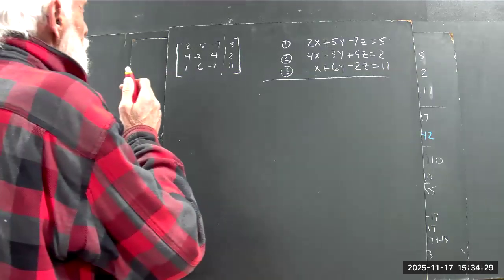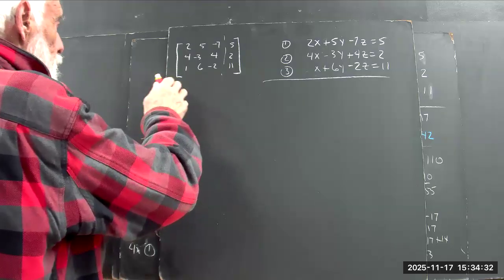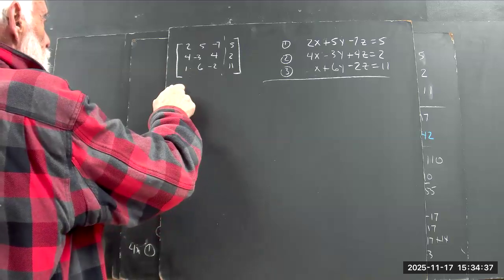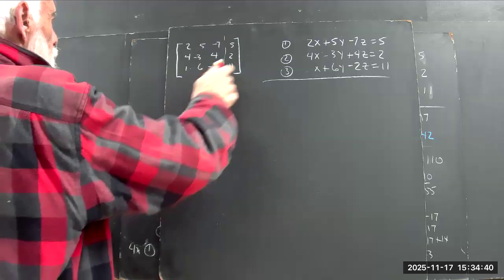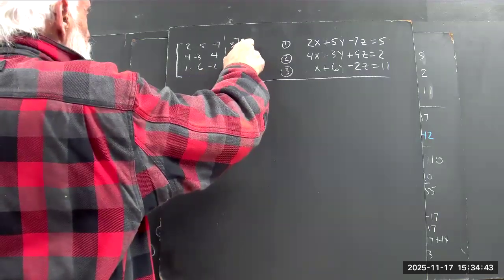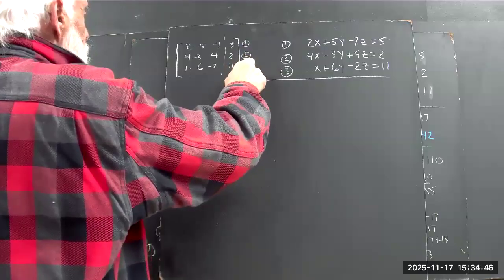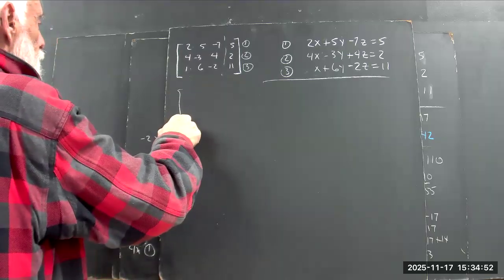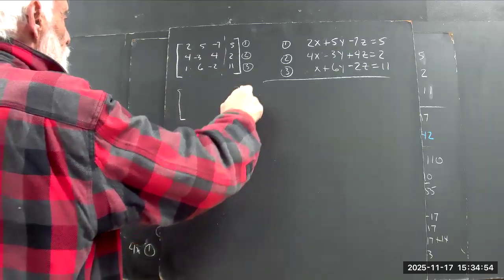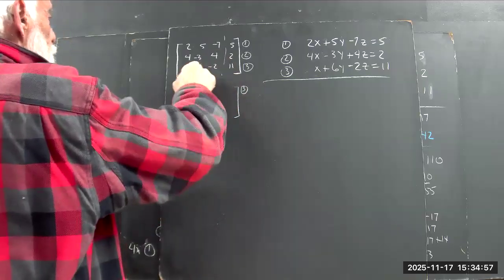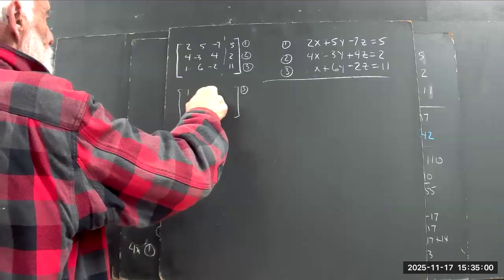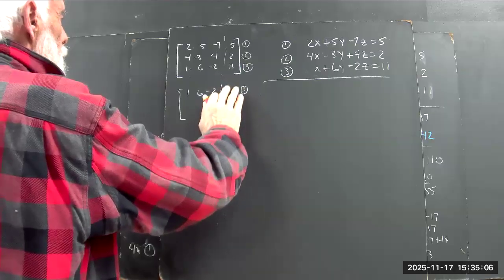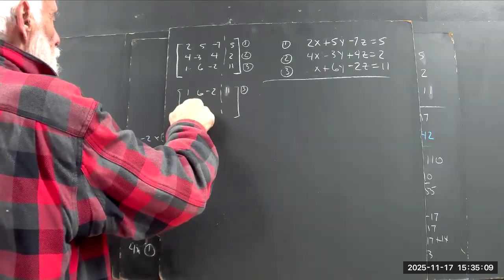Now, I'm going to interchange the first and third row. So the rows are 1, 2, and 3. I'm going to write row 3 from above as row 1, so they belong.